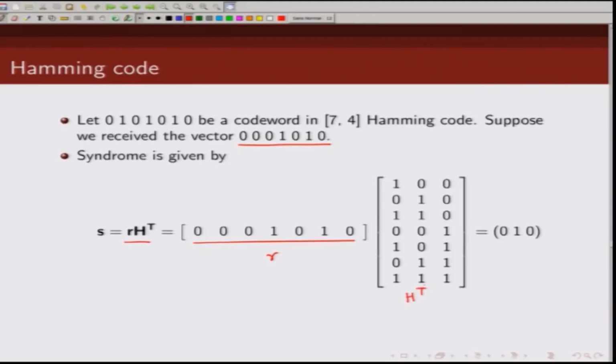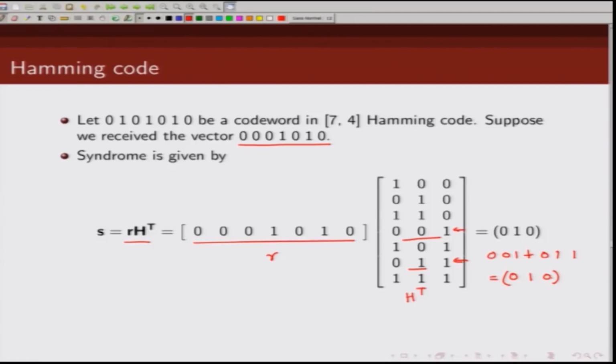Now, in H transpose, this is 1 2 3, this row will participate, this row. So, my syndrome will be this plus this row plus this row. So, this will be 0 0 1 plus 0 1 1, which is 0 1 0. So, my syndrome here is 0 1 0.